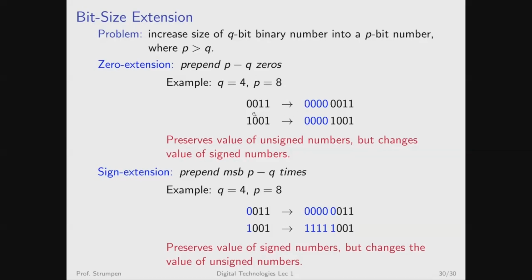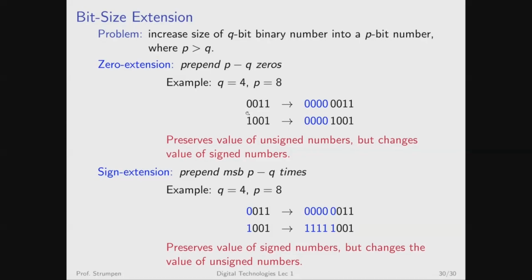Now, if we do the same for number 1001, just prepending 4 zeros, you see already that that might cause problems. If we interpret this number as an unsigned number, the value is 1 plus 8 is 9, and the value of this 8-bit number is still 1 plus 8 is 9.